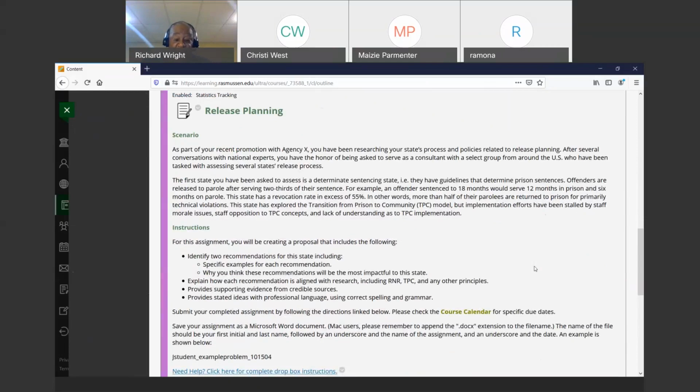Then you're also going to explain how each of these recommendations is going to align with research, including R&R, which I'm not going to tell you what that is. Do you know what R&R is? Can someone tell me what R&R is? Either of you know? You can type it in the chat box.